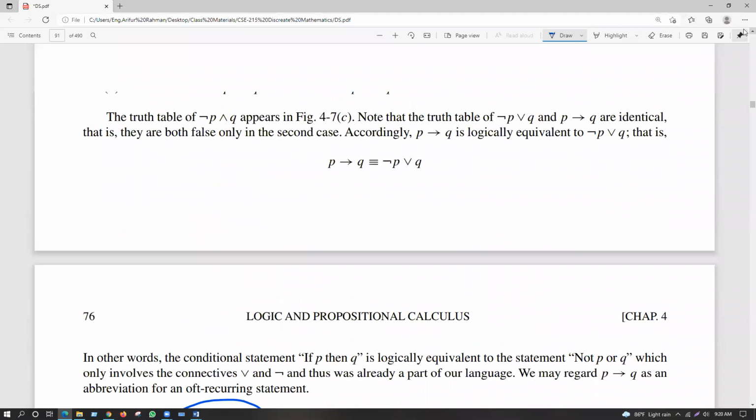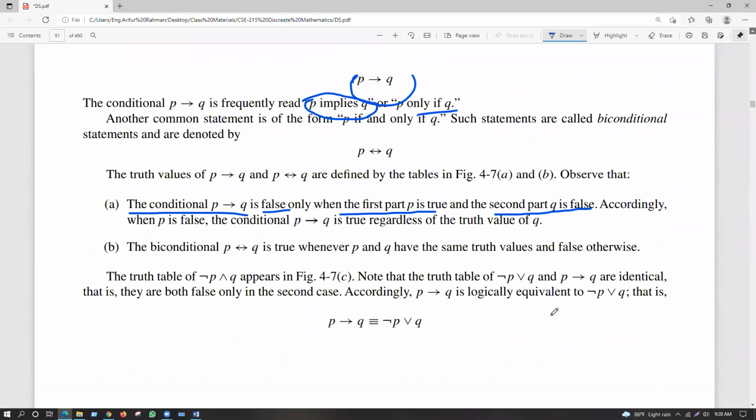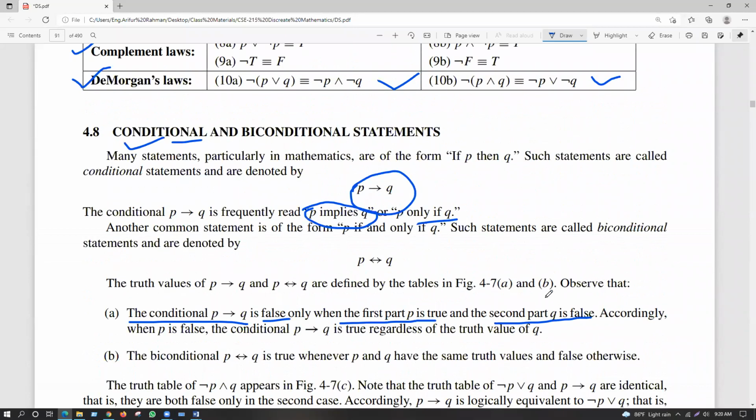Okay, so what is biconditional? Biconditional, this is the notation, and we read it P if and only if Q. Okay, I'm erasing these a bit.